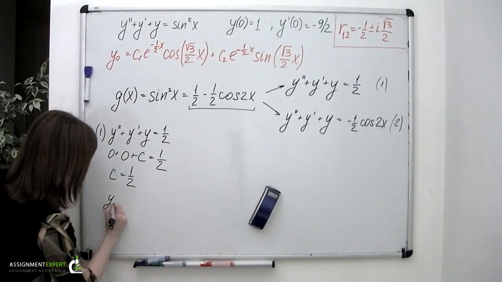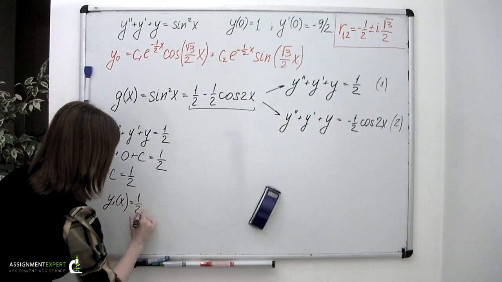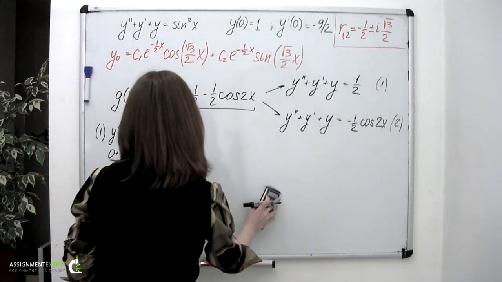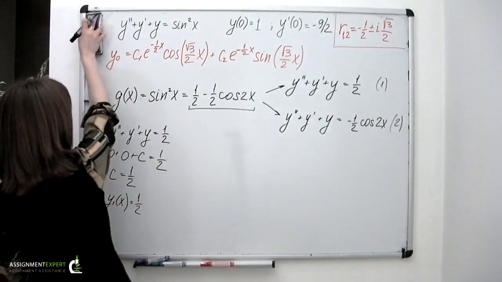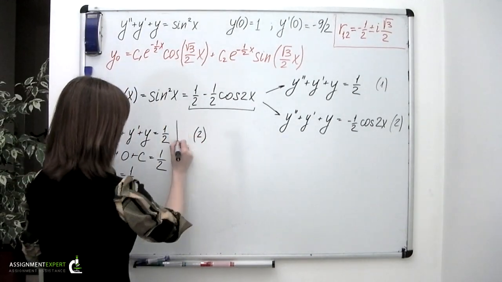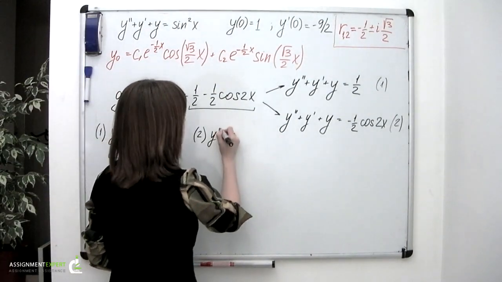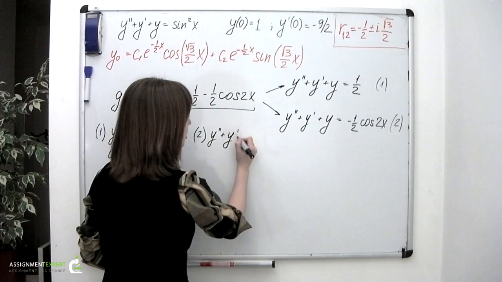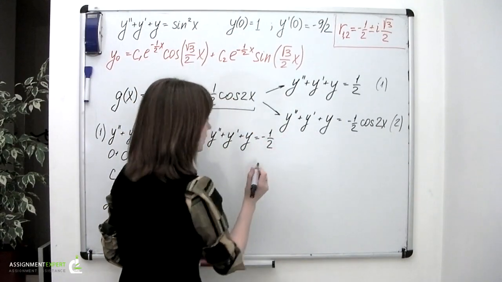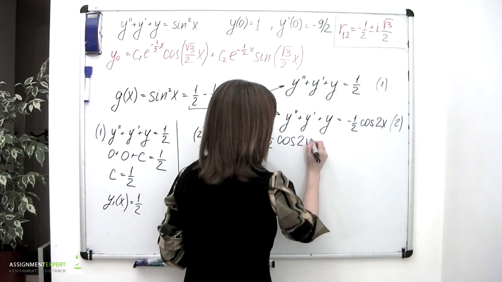So y sub 1 of x equals 1/2. Now let's move on to this second equation. So this time we have y double prime plus y prime plus y equals -1/2 times the cosine of 2x.